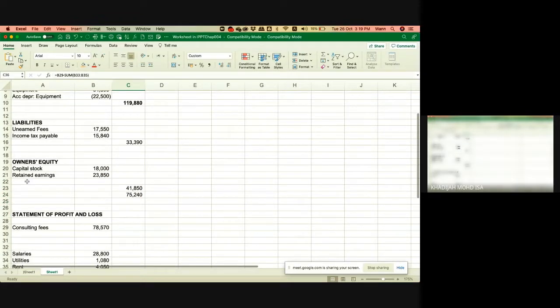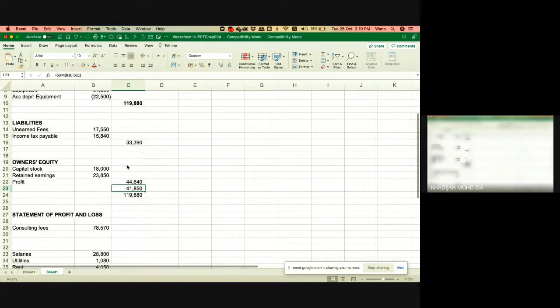My profit minus sum of my expenses. 44,640. I put it here. Profit. Right? So this, very quickly.